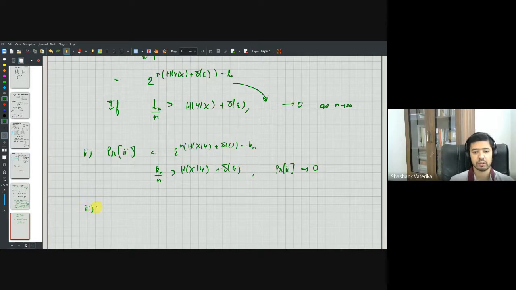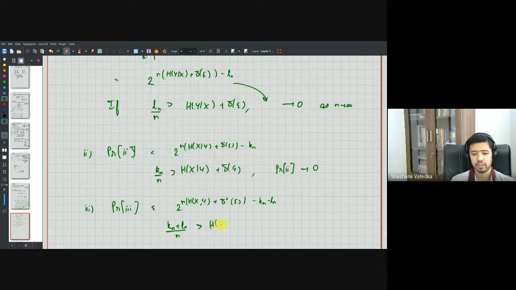An identical calculation gives that the probability of the third event is less than or equal to 2 to the n times h of x comma y plus some delta double prime of epsilon, minus kn minus ln, and this tends to 0 as long as kn plus ln by n is greater than h of x comma y plus delta double prime of epsilon.